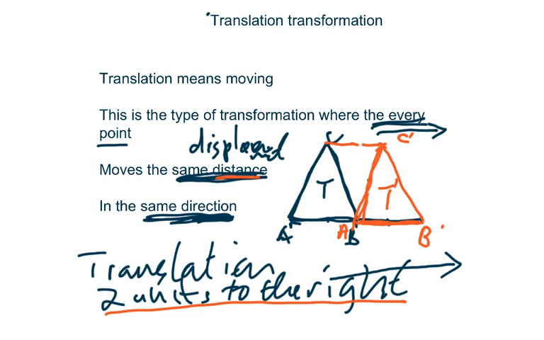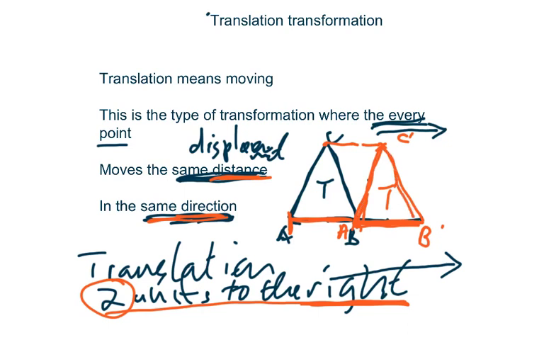It has a distance. What is the displacement? 2 units. What is the direction? To the right. So every point moves exactly the same units. So that line there has moved to that, exactly 2 units. That point there has moved to there.